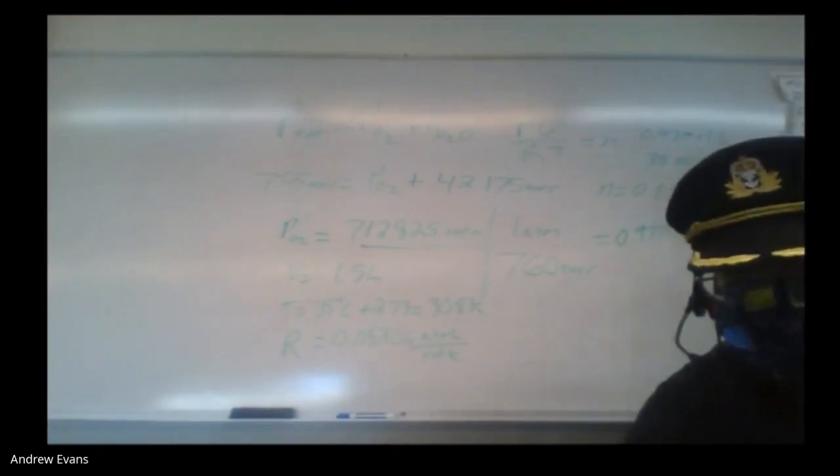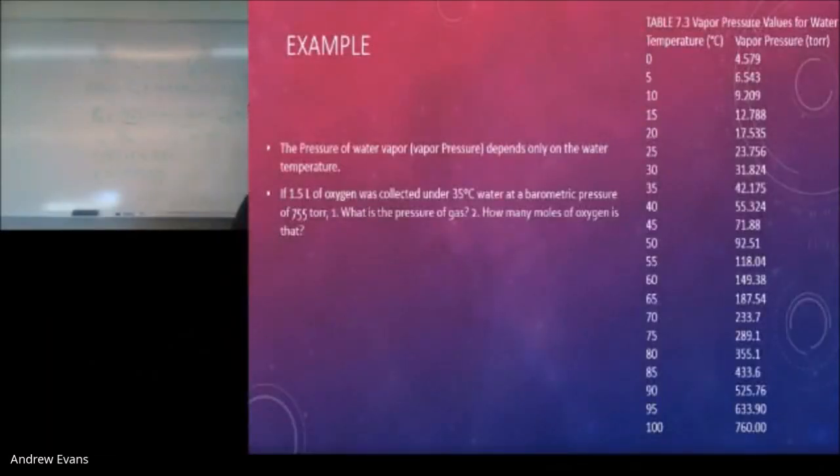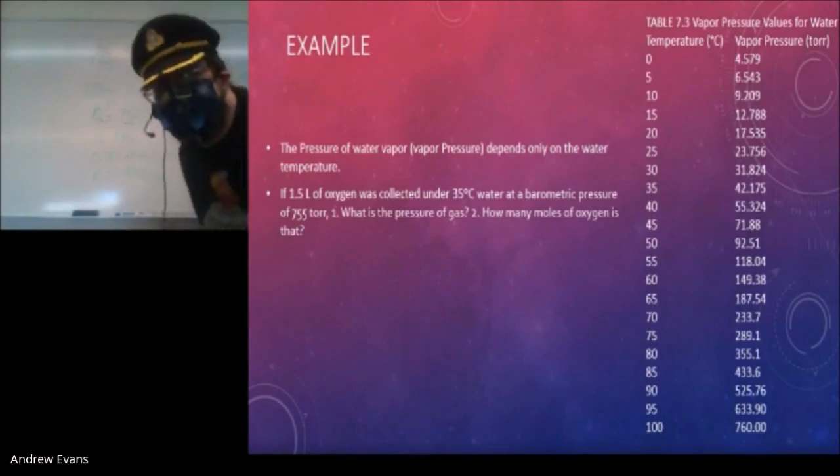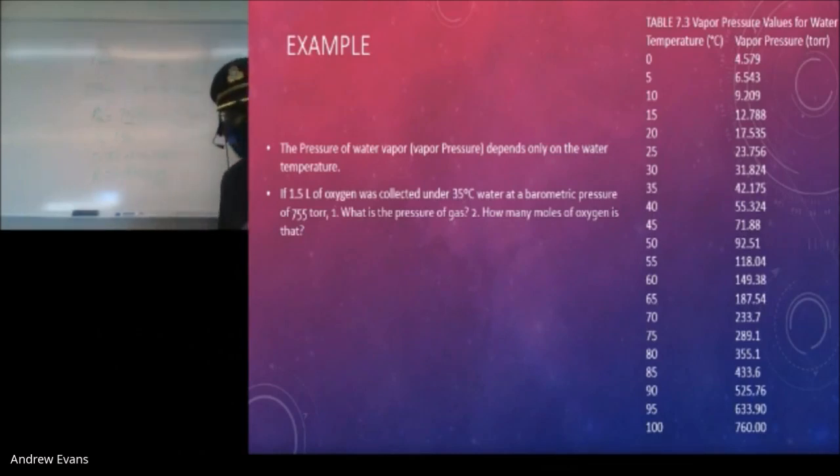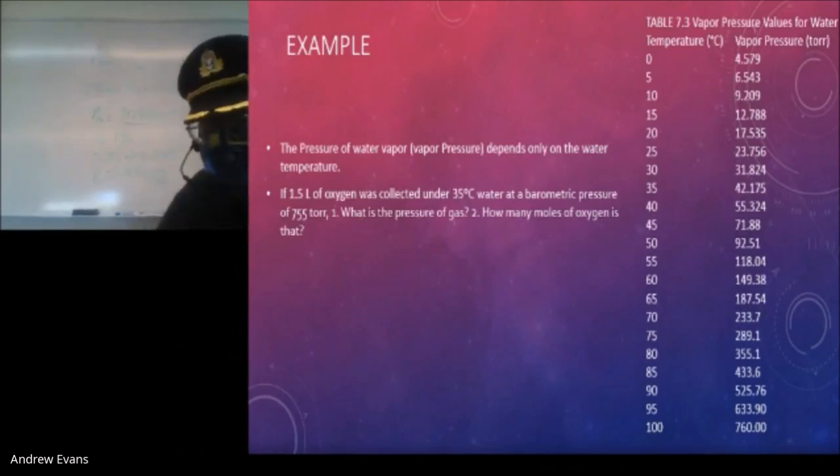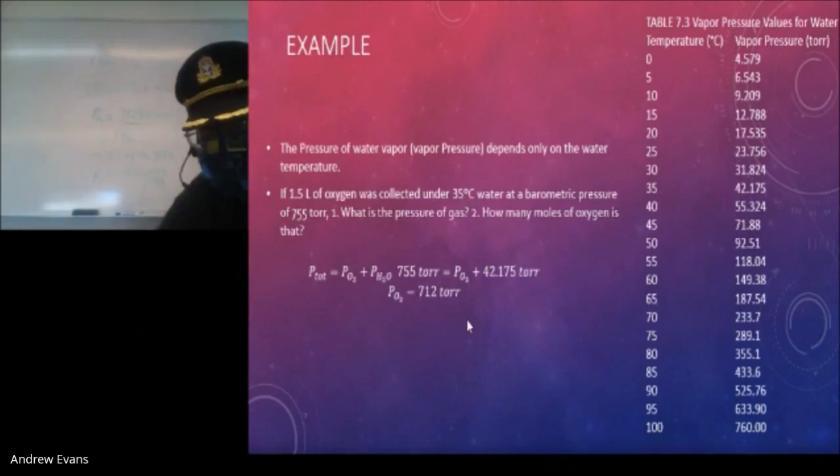So with that in mind, once we take care of the Dalton's part, it just becomes an ideal gas equation problem again. It is not necessarily that hard once we get rid of the Dalton's issue. You could have gone about it in a different way. You could have used the total pressure to figure out the total moles of gas.